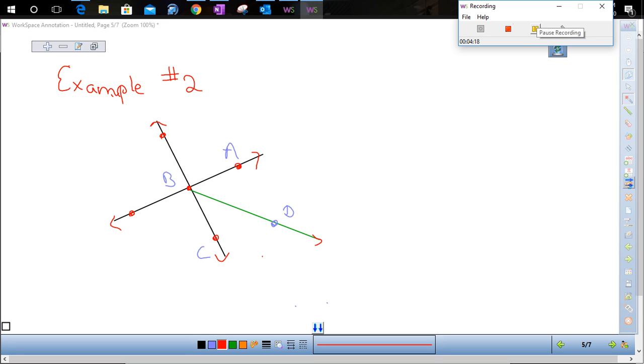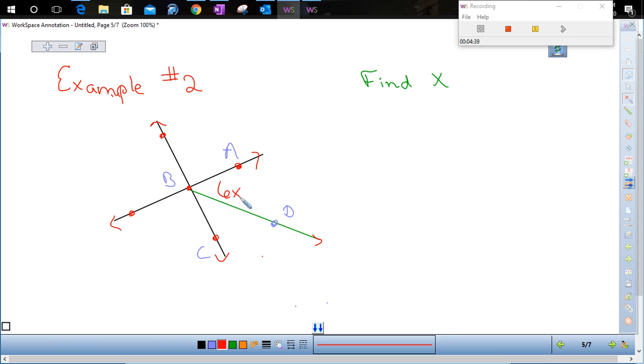All right, hopefully you had example number 2 drawn out. Now, what they want you to do is to find the value of x. Again, we need to add some numbers in here, I guess, to make it have more sense.